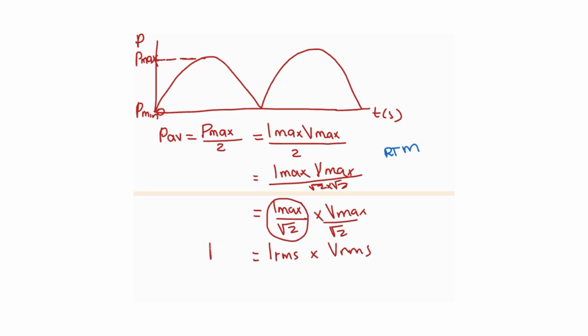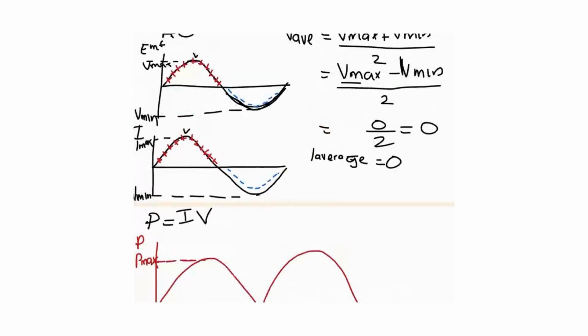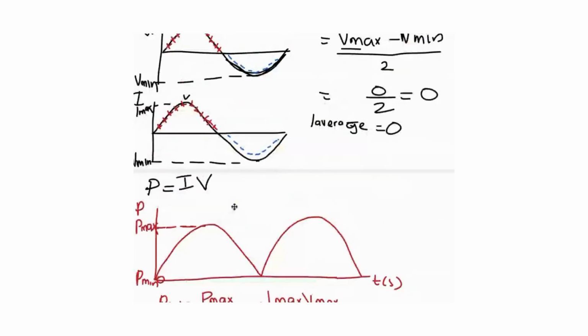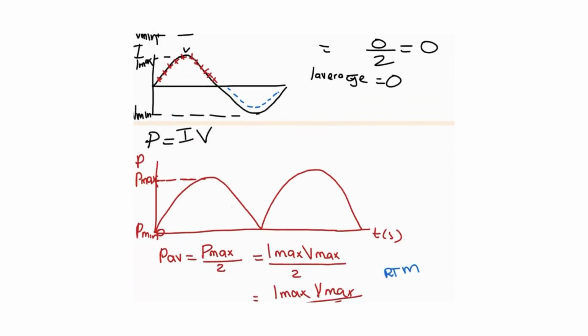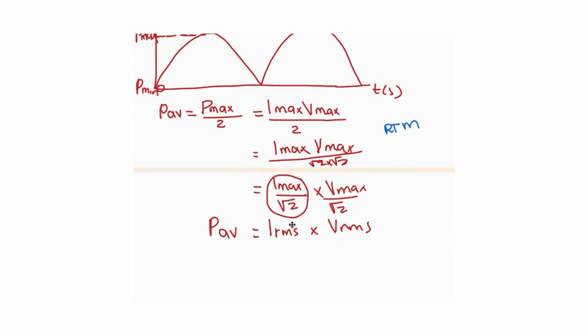Equals to P average. Okay, so guys, you don't really have to know this whole derivation that I've written over here, because when you do the calculations under this chapter, you do have all of these formulas on your formula sheet. But what I just wanted to show you is how we have moved from those two alternating current graphs to the power graph, and how we use the power graph to now derive the formula to calculate the average power.